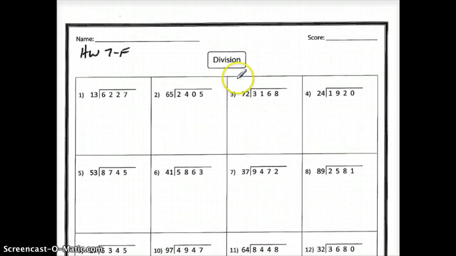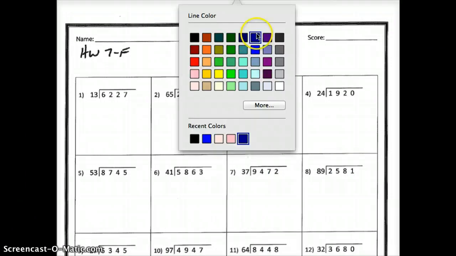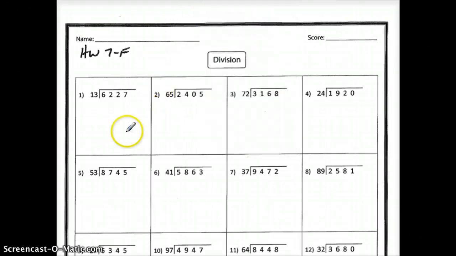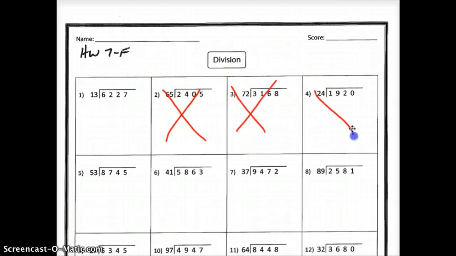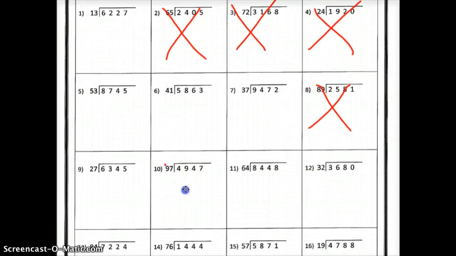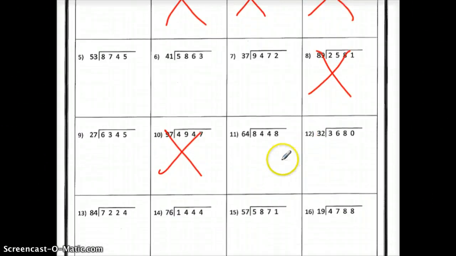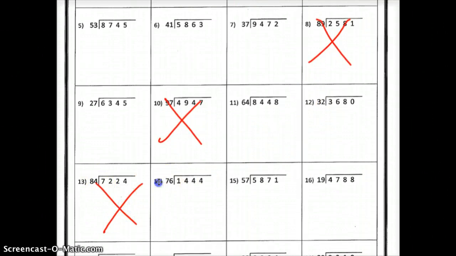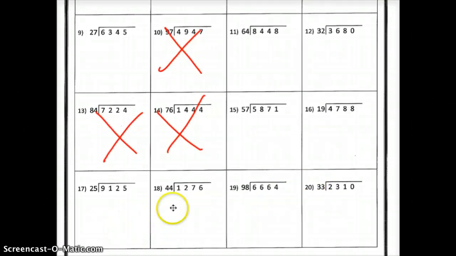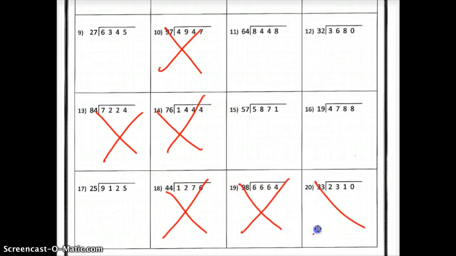Your homework today, again, you're going to have a bunch to cross out. So we are going to cross out number 2, 3, 4, 8, 10, 13, 14, 18, 19, and 20.